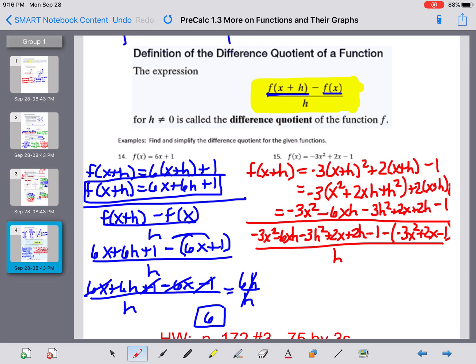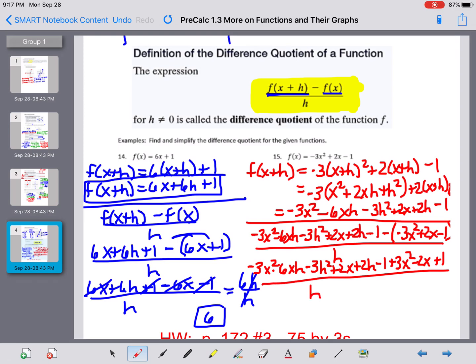Okay. Try not to drop any signs or anything. I'm left with negative 3x squared minus 6xh minus 3h squared plus 2x plus 2h minus 1 plus 3x squared minus 2x plus 1 all over h.